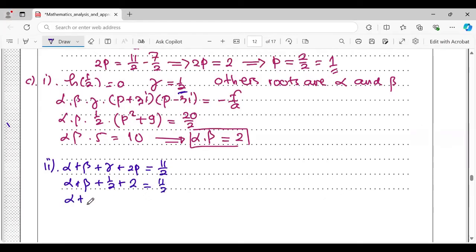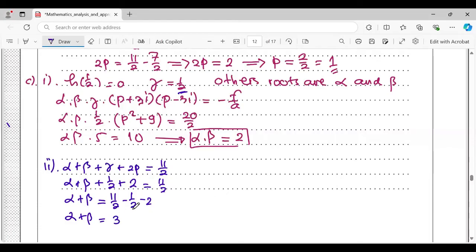So alpha plus beta equals 11 over 2 minus 2. So alpha plus beta, 10 divided by 2, 5 minus 2 equals 3.